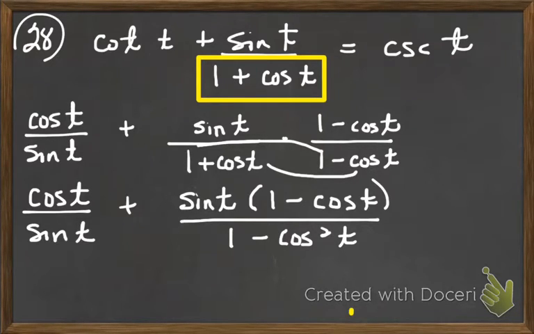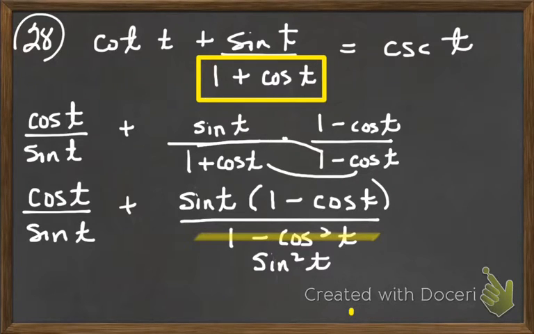So if you multiply conjugates together, 1 plus cosine, 1 minus cosine, 1 plus sine, 1 minus sine, you're going to end up with something that we can replace by using one of our Pythagorean identities. So 1 plus cosine times 1 minus cosine turns into 1 minus cosine squared, which then turns into what? 1 minus cosine squared is really sine squared.